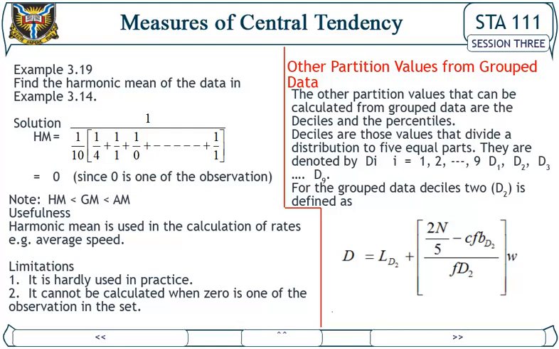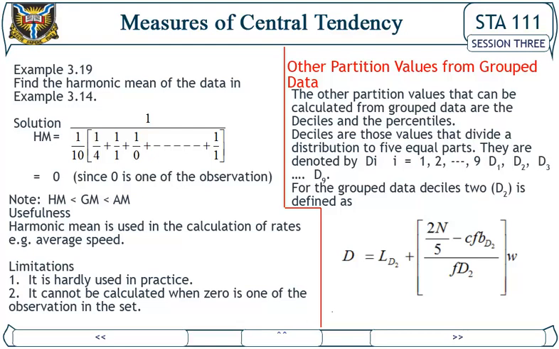Other partition values from grouped data. The other partition values that can be calculated from grouped data are the deciles and the percentiles. Deciles are those values that divide a distribution into 10 equal parts. They are denoted by Di, where i is equal to 1, 2 to 9: D1, D2, D3 to D9.